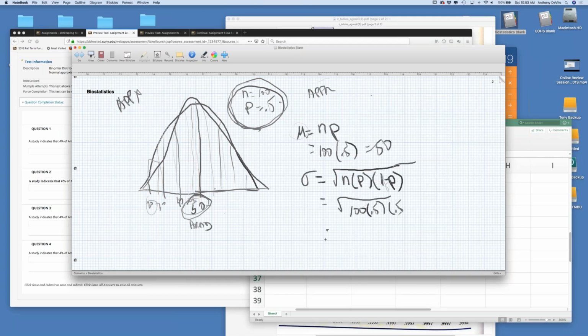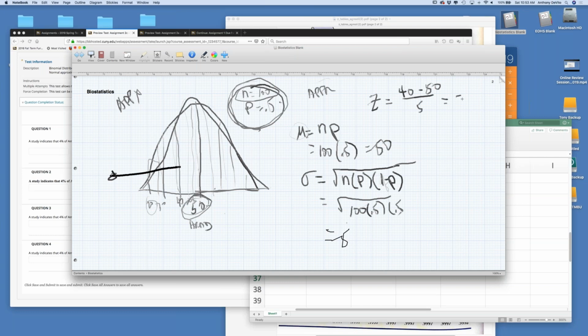Now, if I were to ask you, what's the probability that we would get less than 40 heads out of 100 flips? Well, I could calculate a z-score for this. The z-score is equal to 40 minus the mean over the standard deviation.